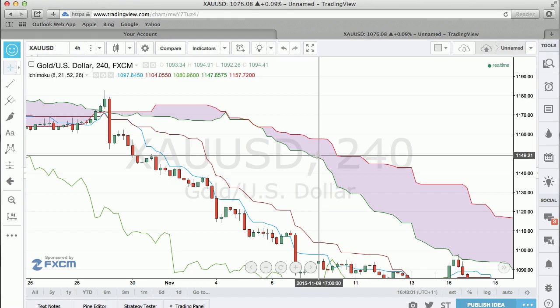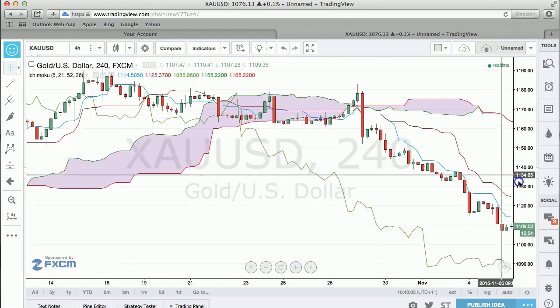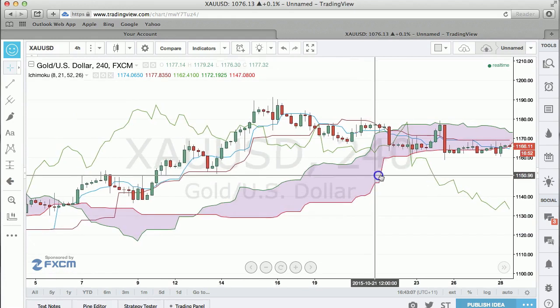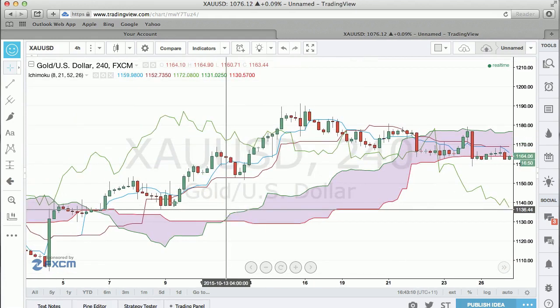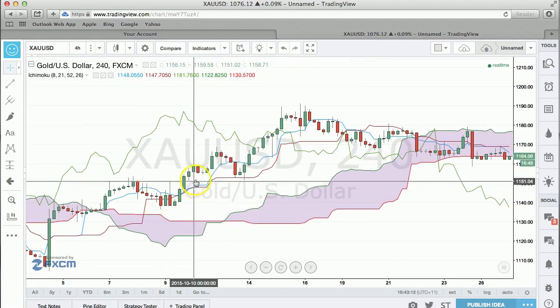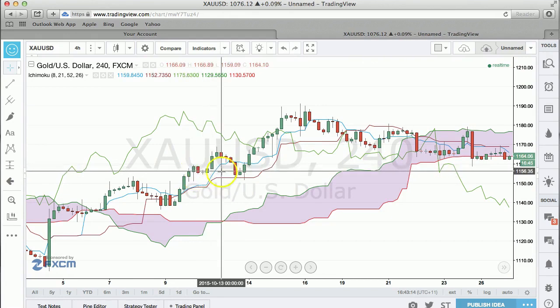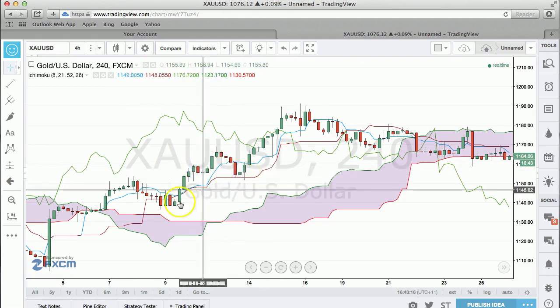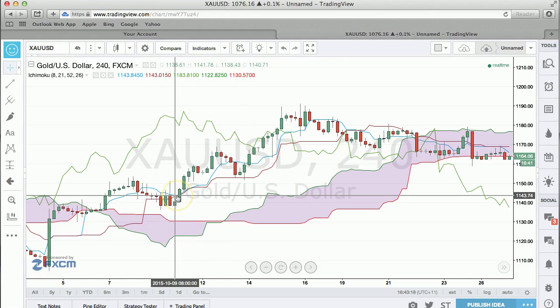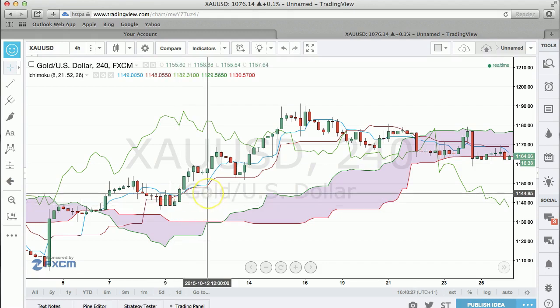So the last thing that I'll say is this blue line right here. Let me pull up a better example. What you'll notice is that price likes to trade above and below the blue line. And you can also get an idea of the movement or trend by taking a look at whether price is closing above or below the blue line.